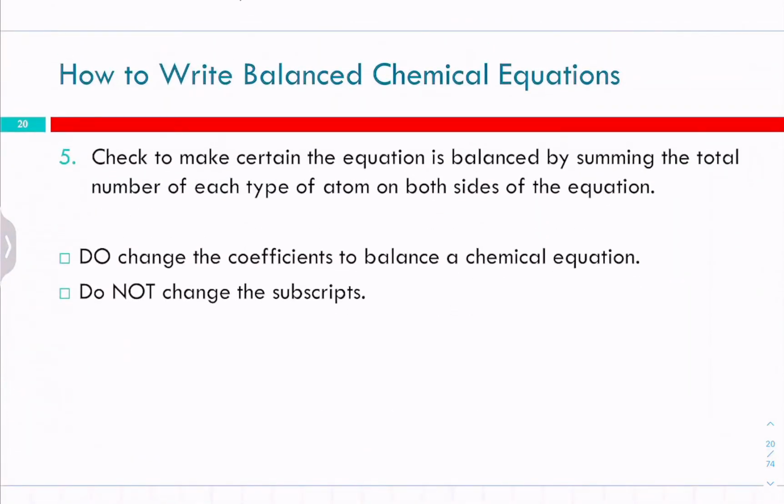And then finally at the end, you check to make certain the equation is balanced by summing the total number of each type of atom on both sides. So do change the coefficients, do not change subscripts.